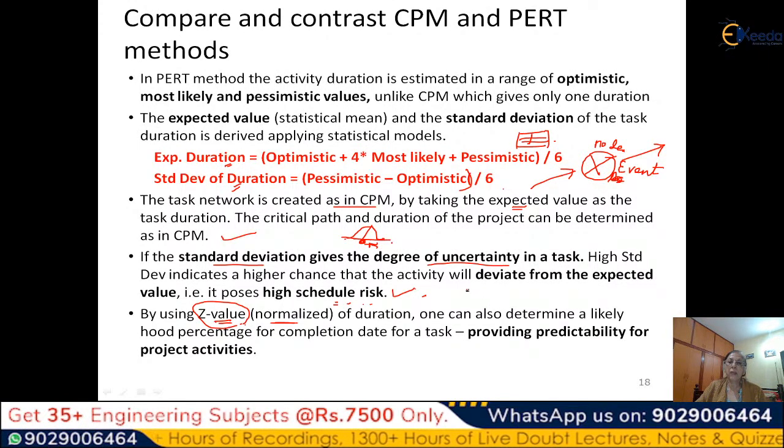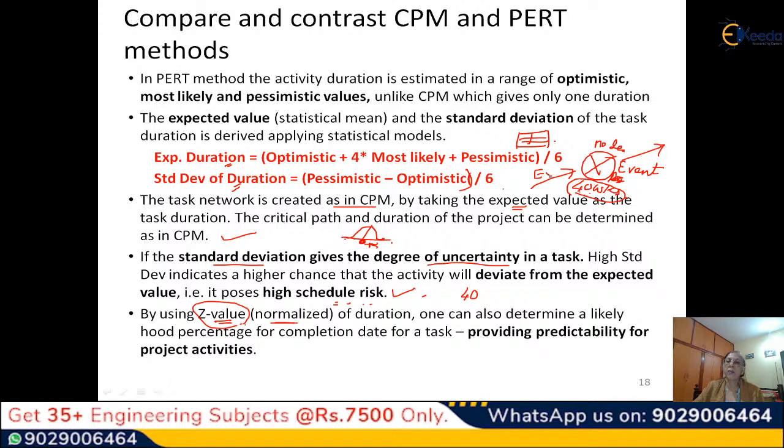So suppose you get a particular node, suppose this particular node, and you arrive at it at 40 weeks. Then you can take this 40 and ask what is the percentage that I will finish.